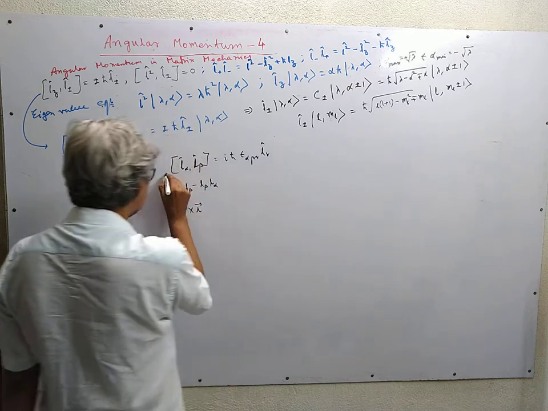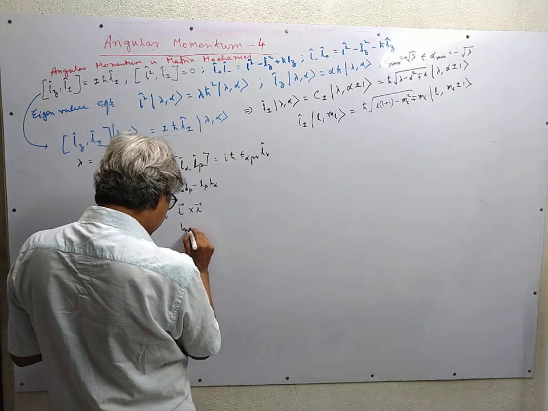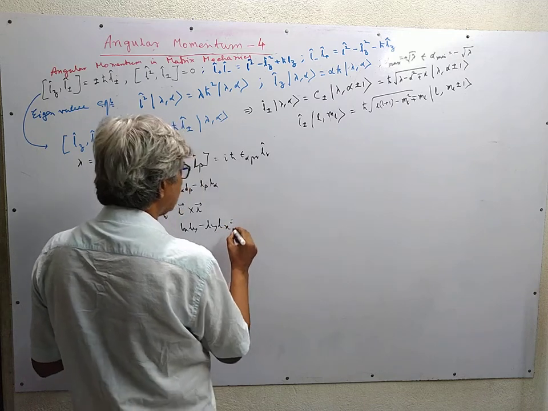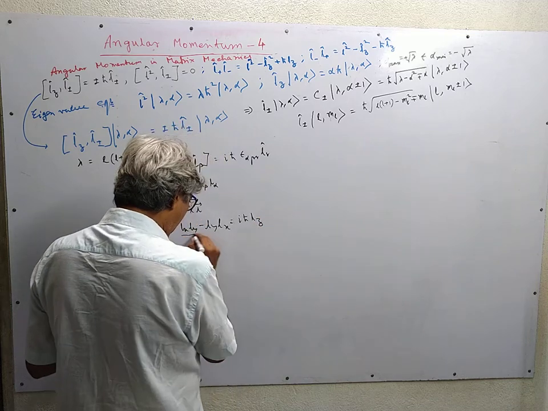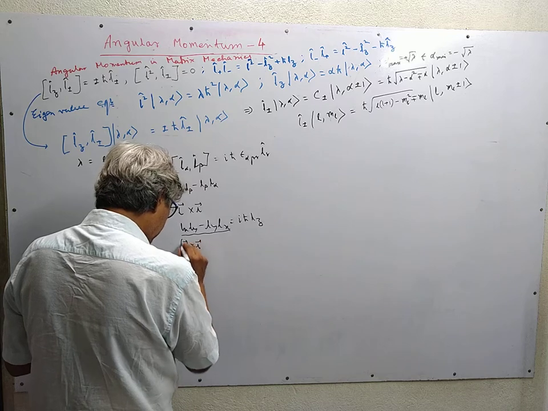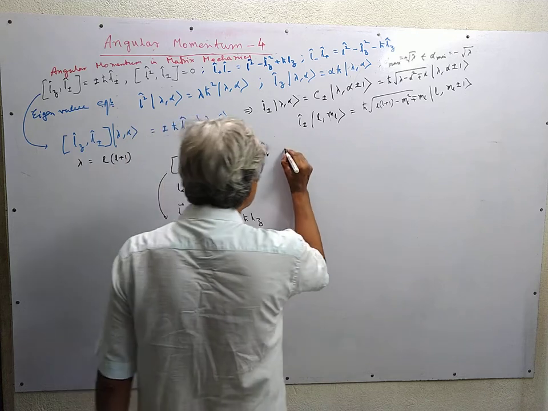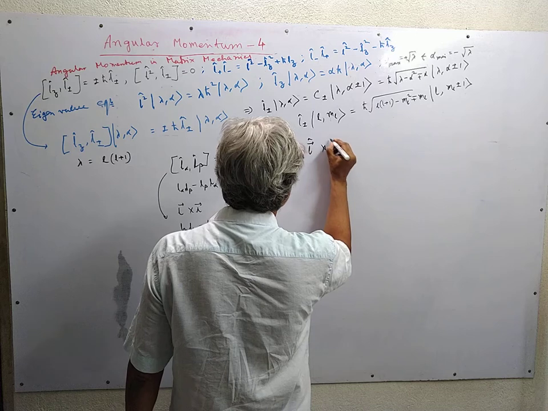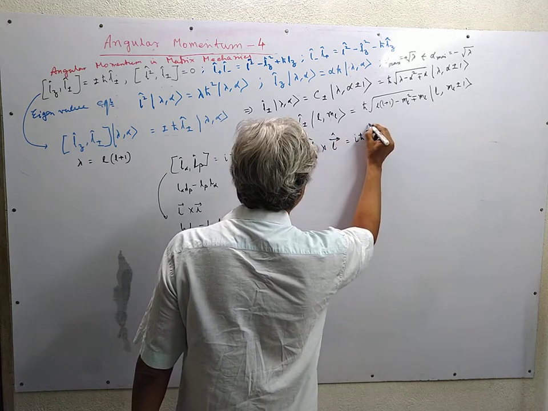So if we write this for x, y, it is Lx Ly minus Ly Lx is equal to i H cross Lz. This is actually the z component of the L cross L operator. So this relation can equivalently be written as L operator cross L operator is equal to i H cross L operator.